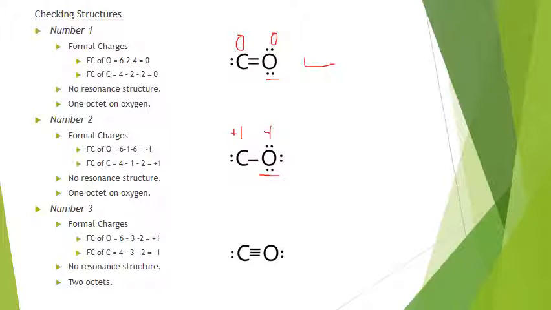Structure number 3: oxygen has plus 1, carbon has minus 1, no resonance structures, and 2 octets. Now this is going to be odd, but this one's actually kind of good because you have 2 octets, but it's kind of odd because of this.